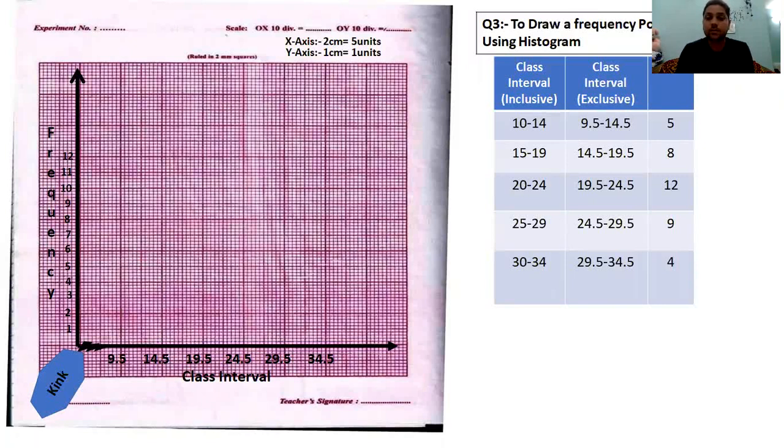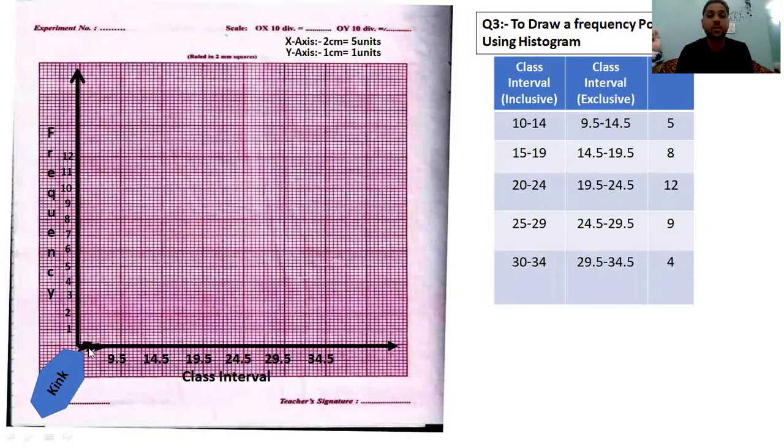Okay, when we have an exclusive series, first we apply the kink here, since it does not begin from 0, and the class size here will not be equal. If I take the value from 0, the class size in the first gap will not be the same.